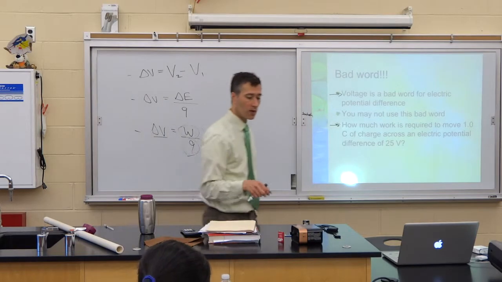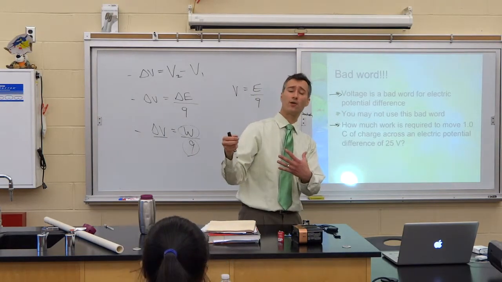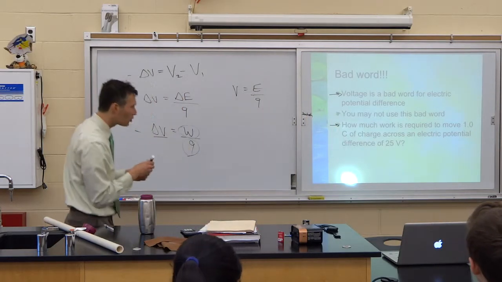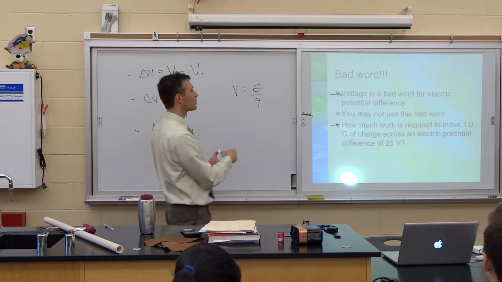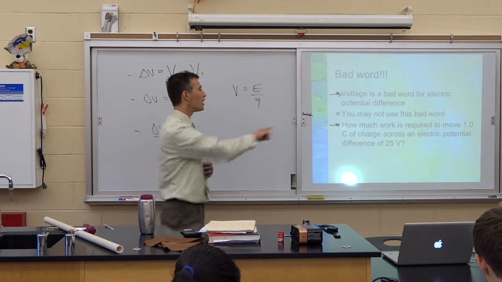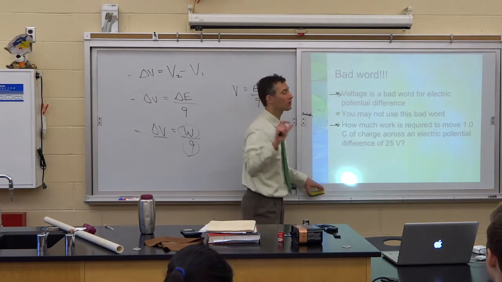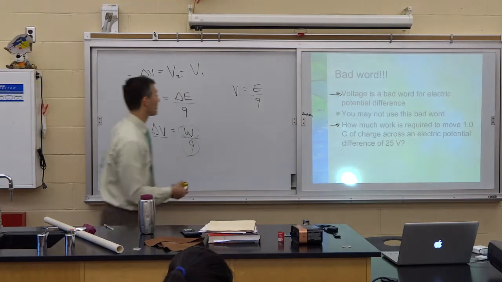Maybe we have a 25 volt battery. We want to recharge the battery and move 1 coulomb of charge from the negative to the positive terminal. How much work do we have to do? I actually want to go pretty quick. See if you can do that.